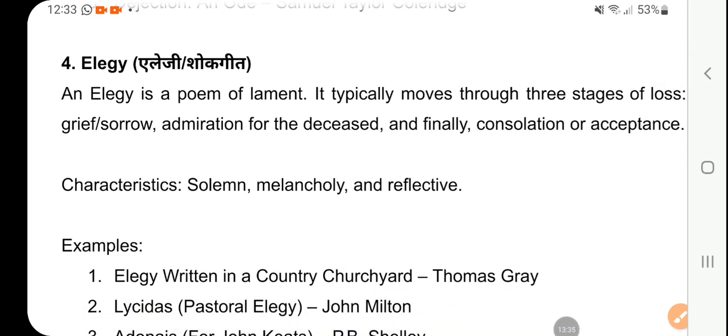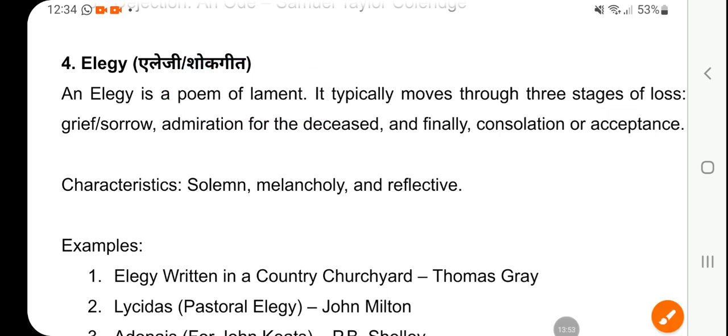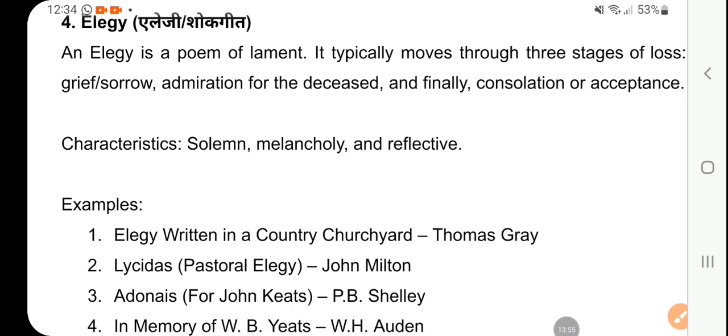The fourth one is the elegy. An elegy is a poem of lament, right? It's a very serious poem, a poem of lament, a poem of cry, which typically moves through three stages of loss. That is grief or sorrow, admiration for the deceased, and finally consolation or acceptance.